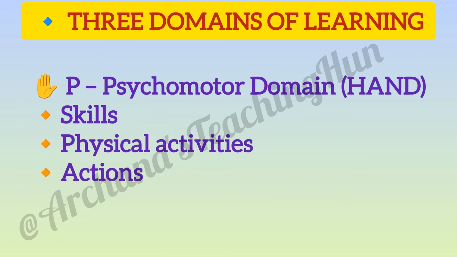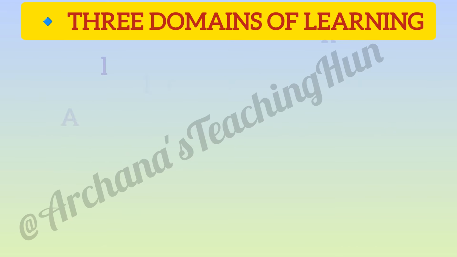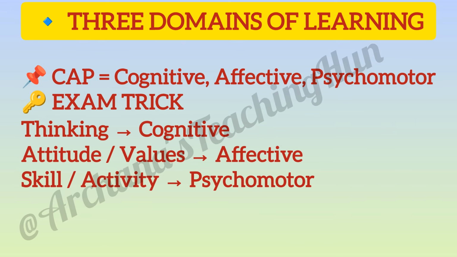Now P, psychomotor domain, related to hand, skills, physical activities, actions. CAP means cognitive, affective, psychomotor. Exam trick: thinking is related to cognitive, attitude and value related to affective, skill and activity related to psychomotor domain.